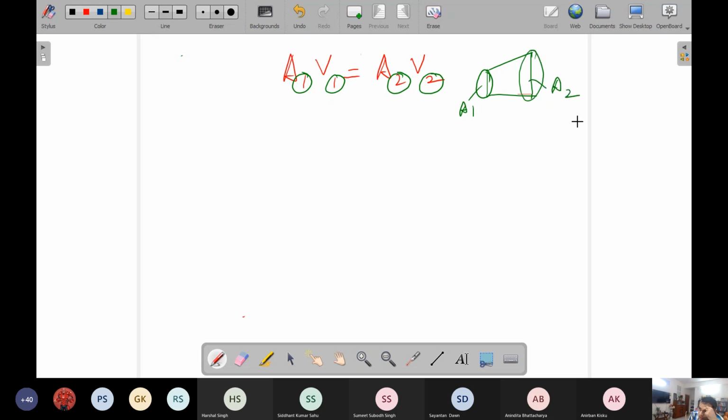So the question is that when you are writing V1 and V2, knowing fully that the velocity is varying over the cross section, right? In a real pipe or a real engineering duct, you have the velocities varying like this. So at the wall 0 and then center line maximum like that.